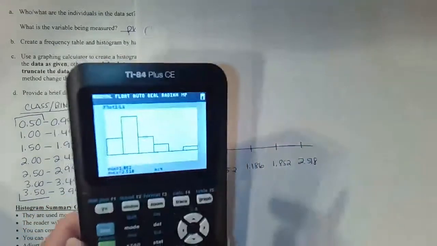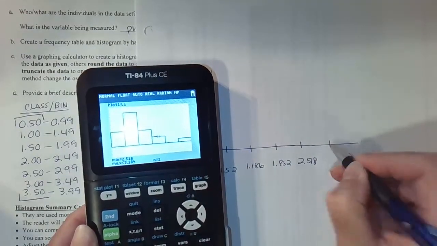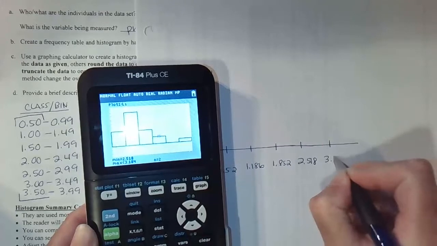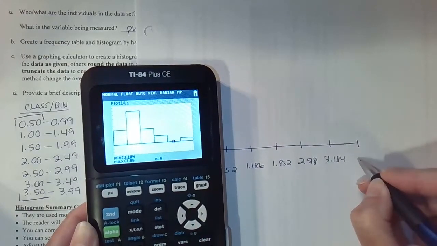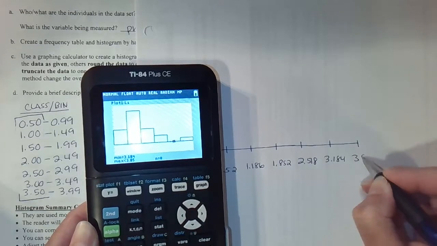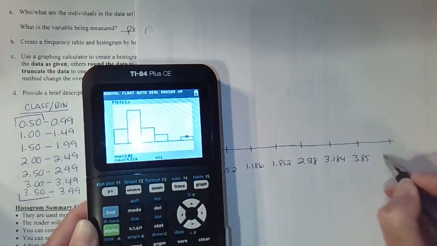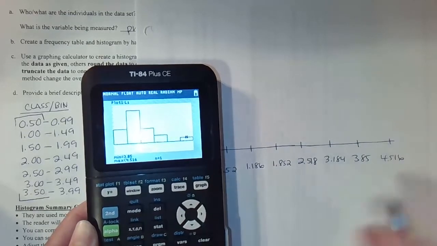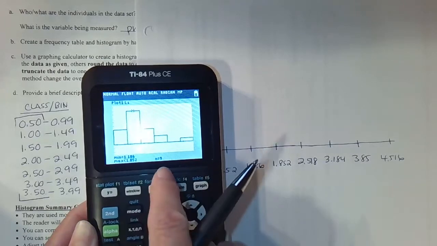So you literally just arrow to the right and you keep adding tick marks. So the next one's going to be 3.184. And then it goes up to 3.85. And then the last one goes up to 4.516. And that maximum bar, again, was a 9.